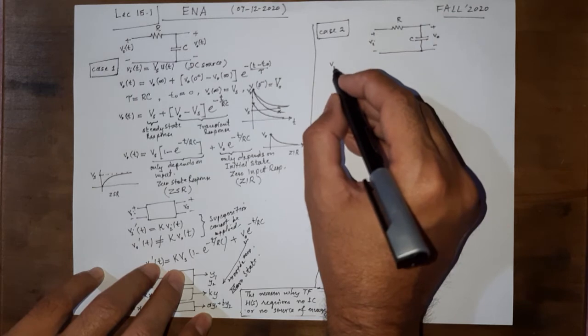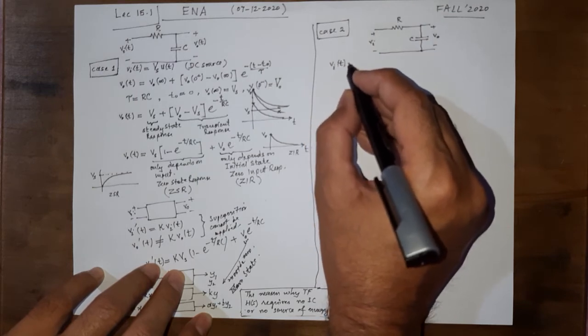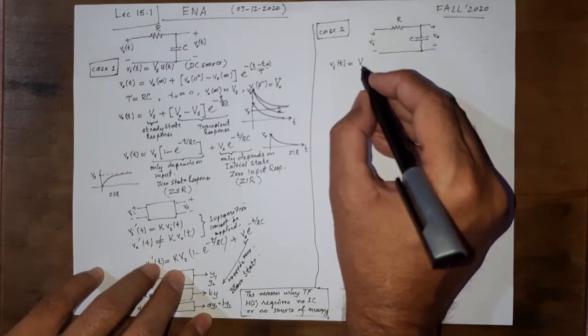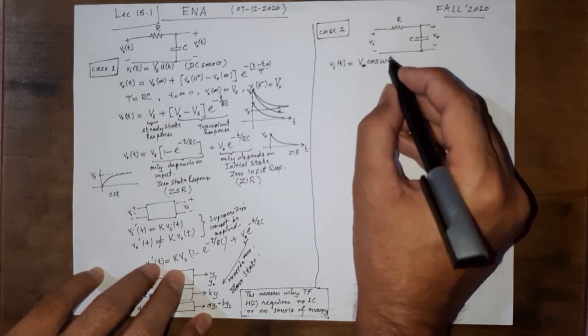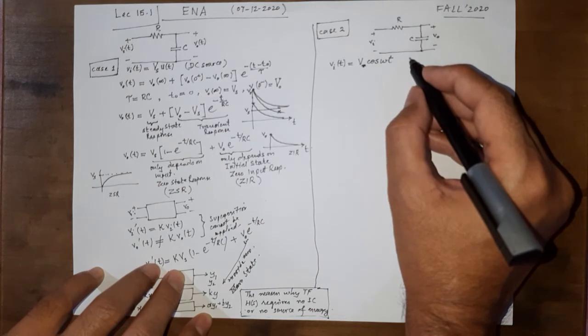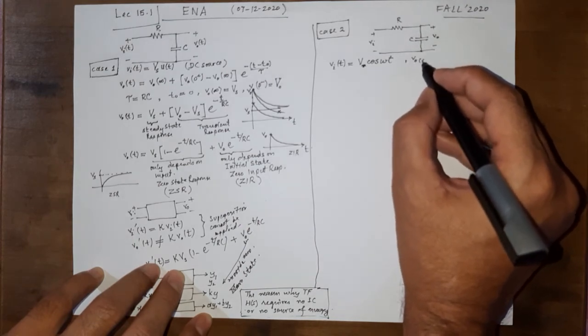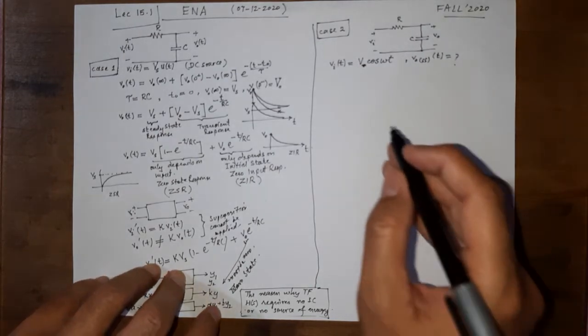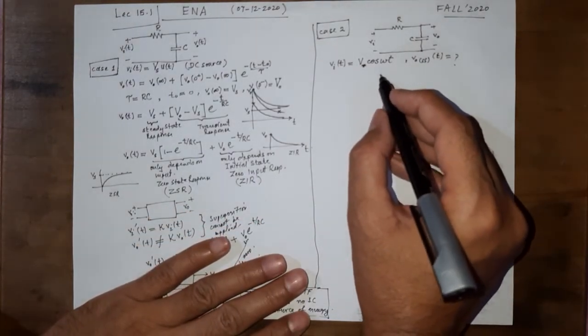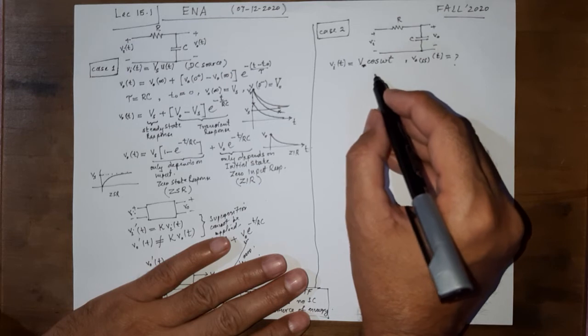But now if someone tells us that the input voltage is a sinusoid, some maximum value of the sinusoid, Vm cos of omega t, and the question is find the steady state part of the output, and we have covered this. We saw that we are going to solve this by using the concept of phasor.